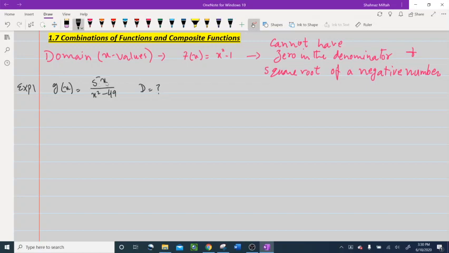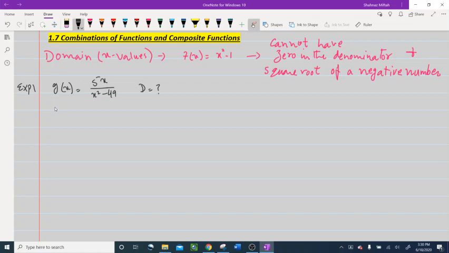I plug in anything in the numerator for x and I'm going to get some value out. It doesn't matter what I put there, it's not a trouble. So the numerator I'm not worried about, because the numerator is not going to make anything undefined or a square root of a negative number. Anything you put in there, you will get something out.